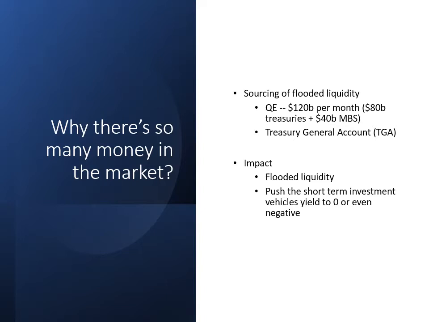And the second source of the flooded liquidity is the Treasury General Account (TGA). For those who are not familiar with these terms, simply speaking, it is the U.S. Treasury Department's deposit account kept in the central bank. It is also the source of funds for all those fiscal stimulus. When the funds are still kept in the TGA account, they have not yet gone into the banking system.